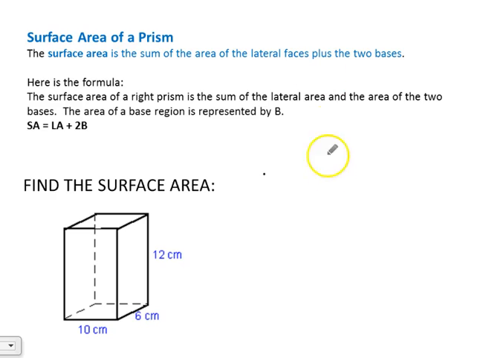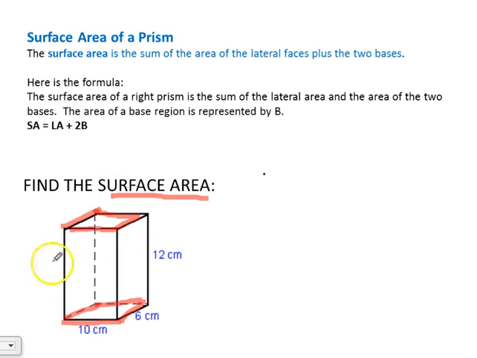So now let's take what we learned about lateral area. We're focusing on how to find the lateral area, but now let's add in the bases. Remember, our bases here we've kind of been ignoring. Let's add those in so that we can find the formula to find the surface area now.